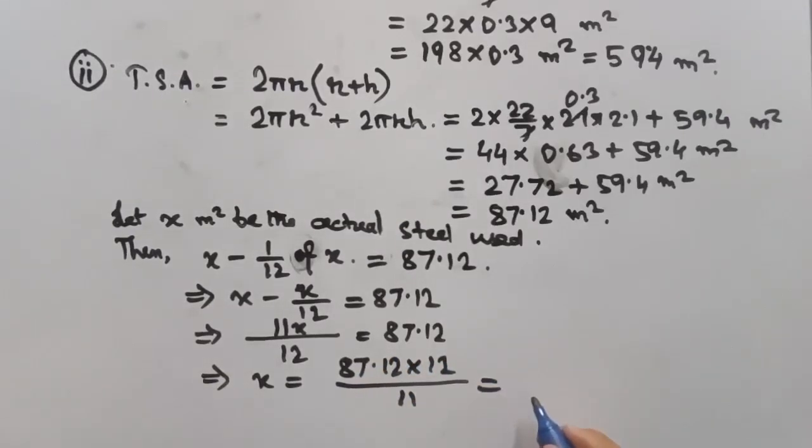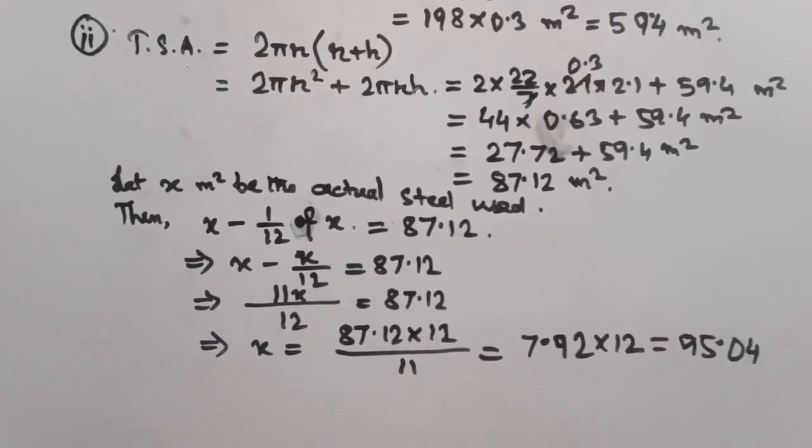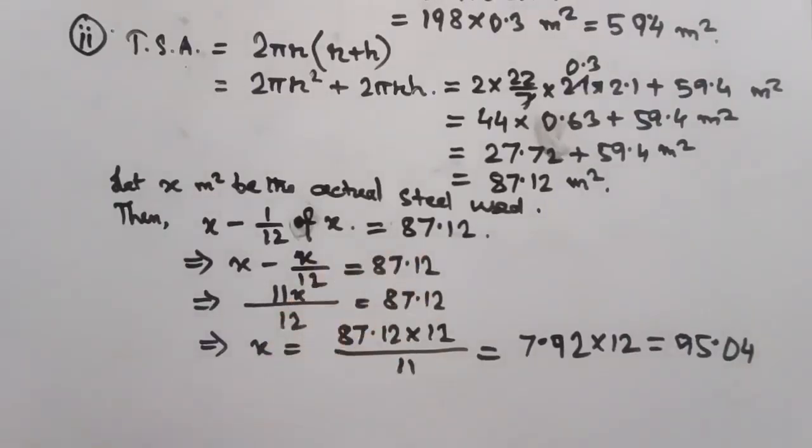Here 87.12 is actually divisible by 11. 11 times 7 is 77, and so on, so 87.12 divided by 11 is 7.92, times 12, which is equal to 95.04. So the total actual steel used is 95.04 meter square.